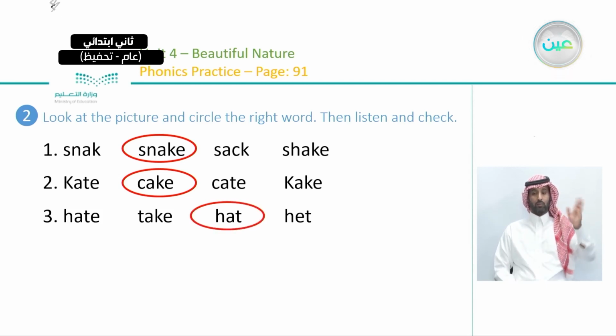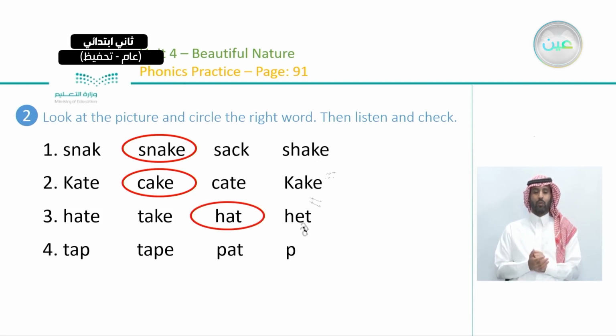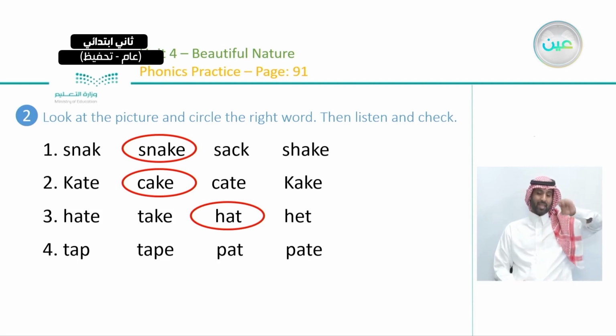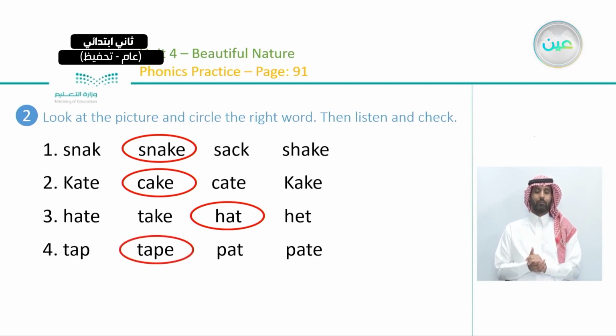That's right. Number 4, tap, tape, pat, pate. Let's listen. Tape. What is tape here? Yes, excellent. This is a tape. Number 5, we have sight, sit. Let's listen.